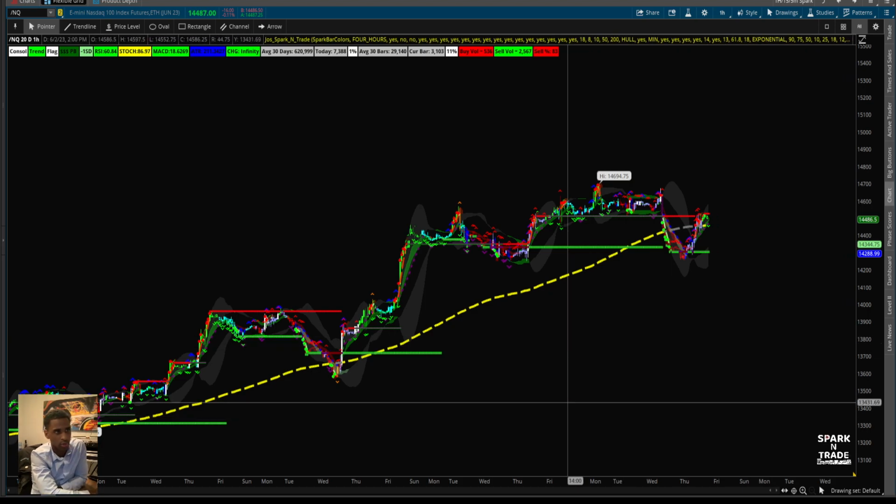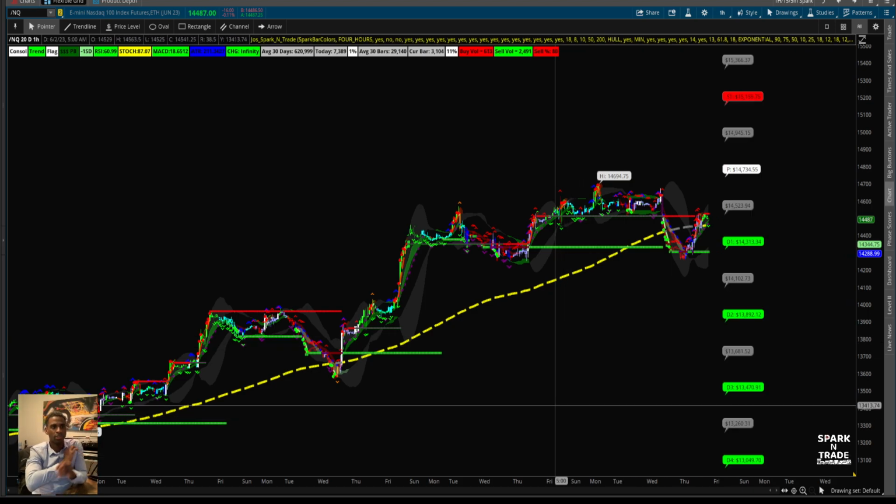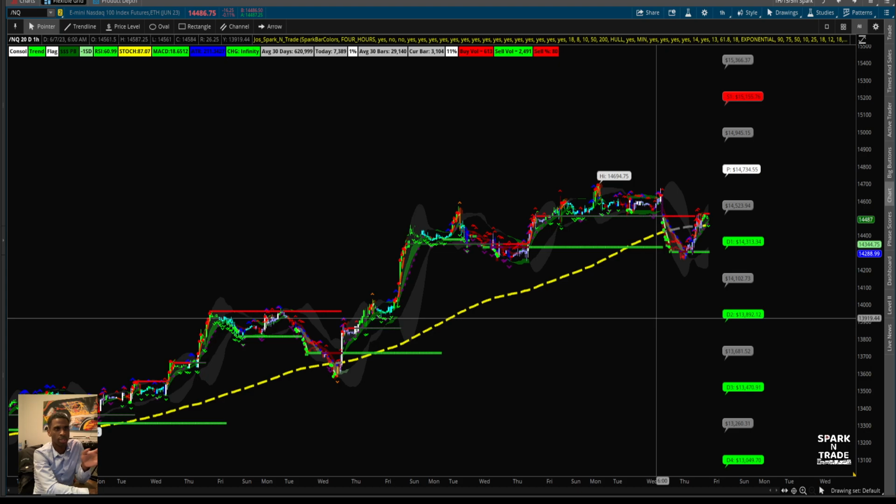All right, so first of all, just don't care about what I'm telling you at all. Just stare at the chart, look at it. And just by looking at the chart, you can see that the market reacts to these green lines and these red lines.